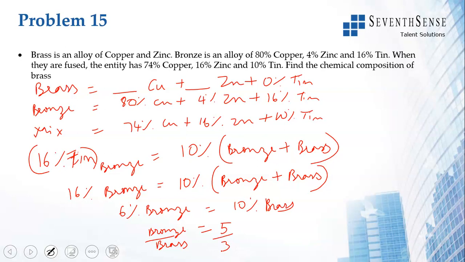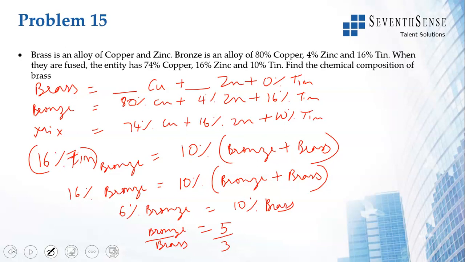Now, if you have to look at what the chemical composition of brass is, do it as alligation this way. We have brass and bronze getting added, and we know the ratio of bronze and brass getting mixed. So let us take it for copper.